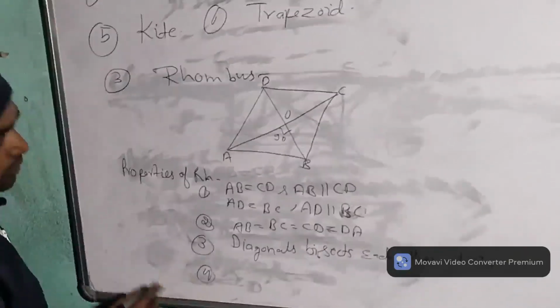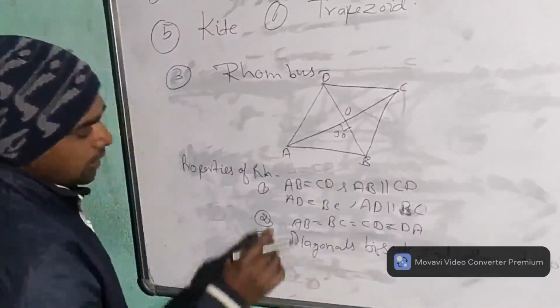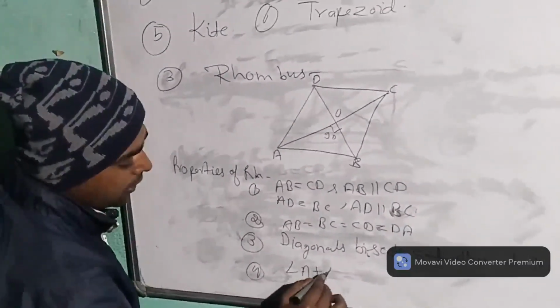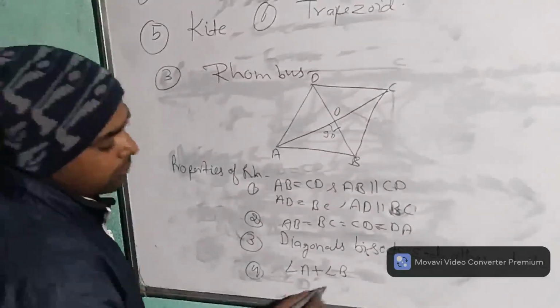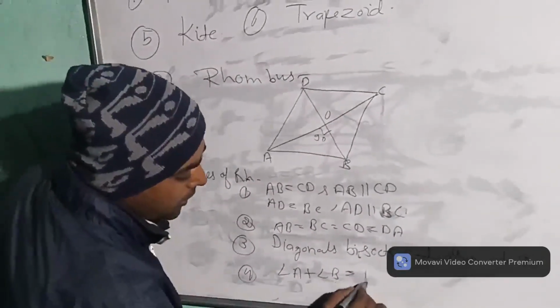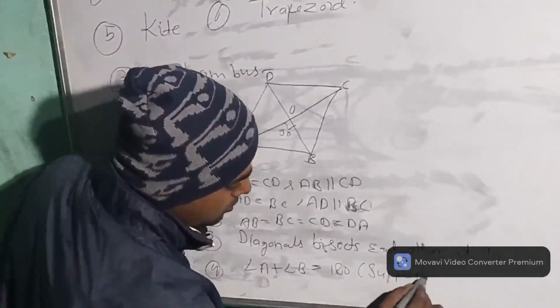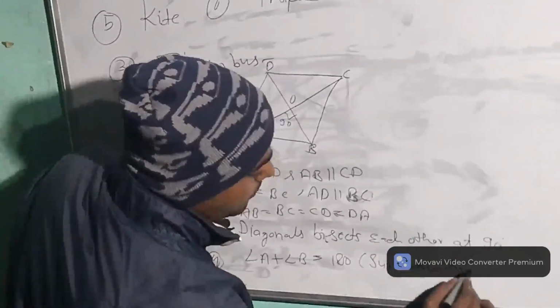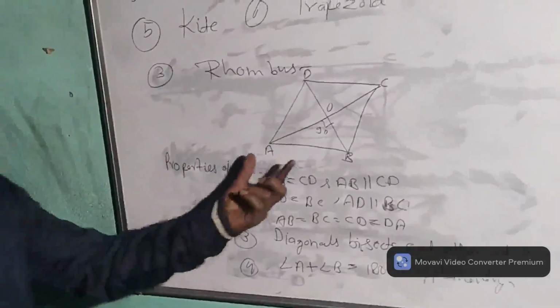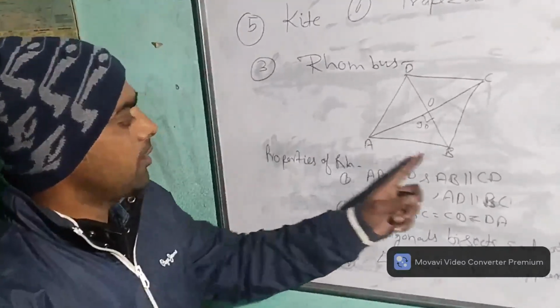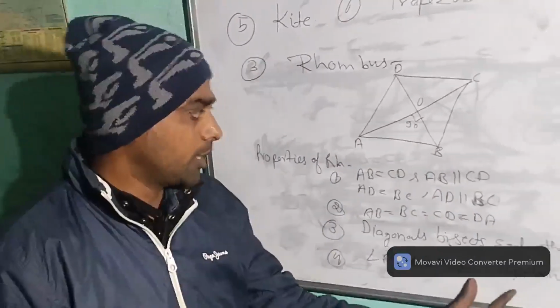Fourth one is adjacent angles. The sum of adjacent angles, that is angle A plus angle B, is equal to 180 degrees, supplementary angles.